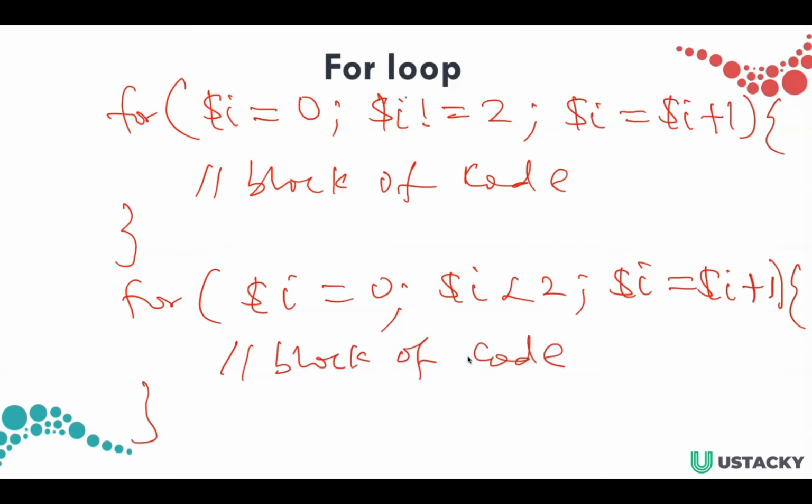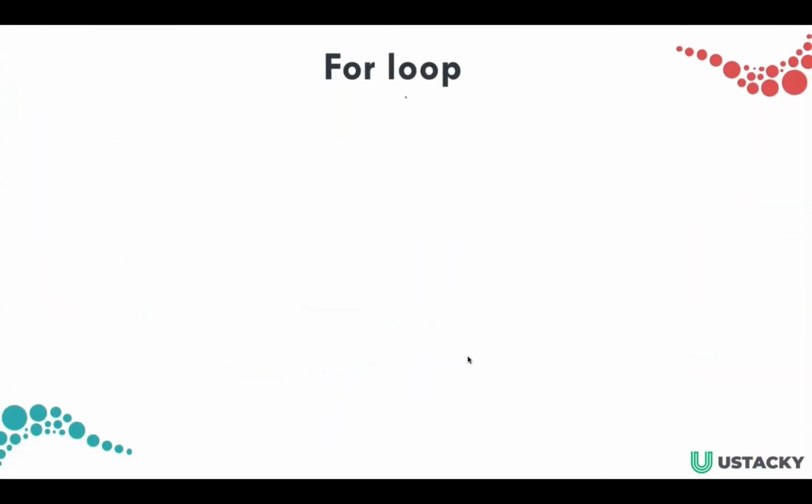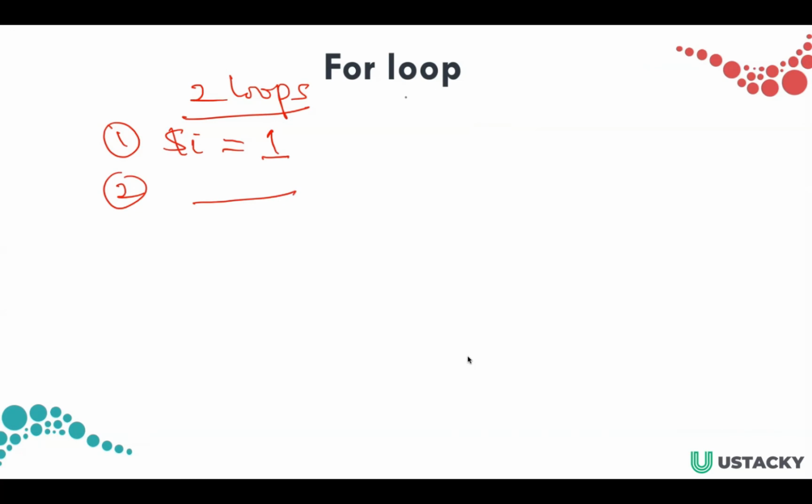So let's take another example. We are also writing 2 loops in this example, but let's change some of the components. For the starting point, let us assume our starting point is 1. This is difficult to determine.